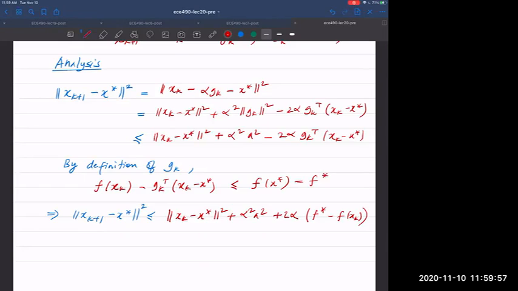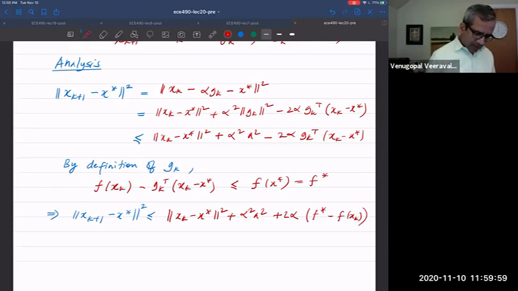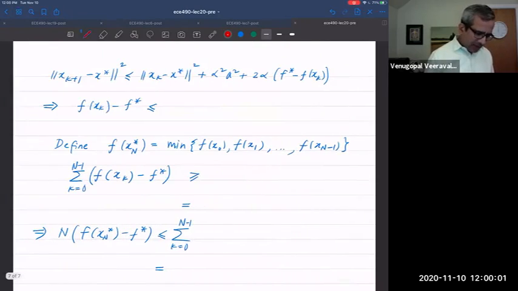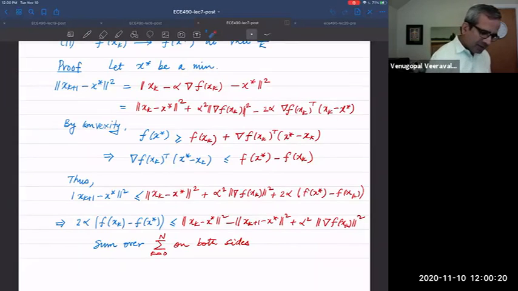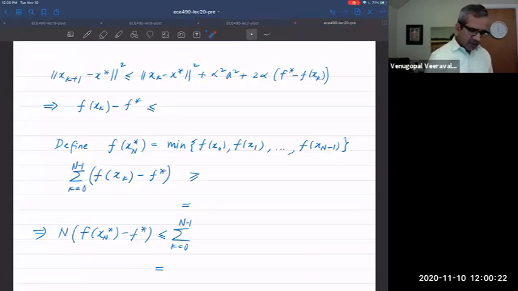Okay. So let's see what happens next. What happens next is very similar to what we did in lecture 7. If you remember, we had this upper bound, then we used this telescopic sum to get rid of all but the first and the last term, by summing on the left-hand side. We'll do something very similar here too.